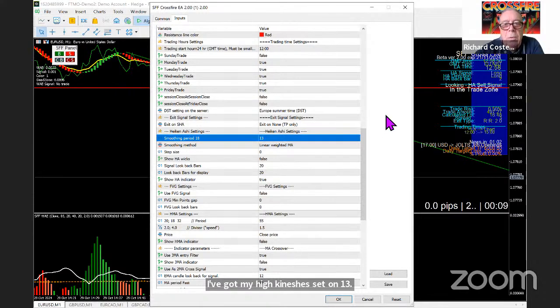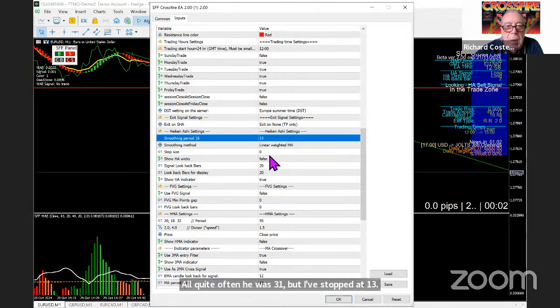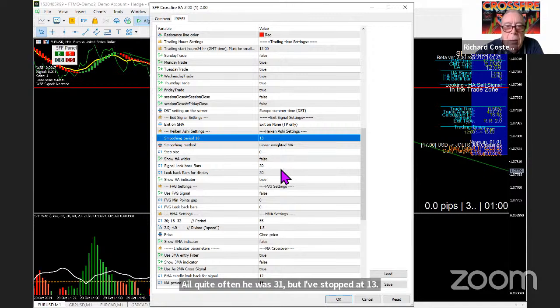Paul quite often uses 31, but I've stuck to 13. You can change that if you wish. Ignore these. These need to be 0. HMA settings are irrelevant.